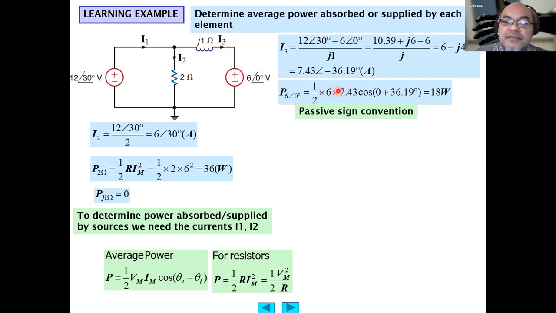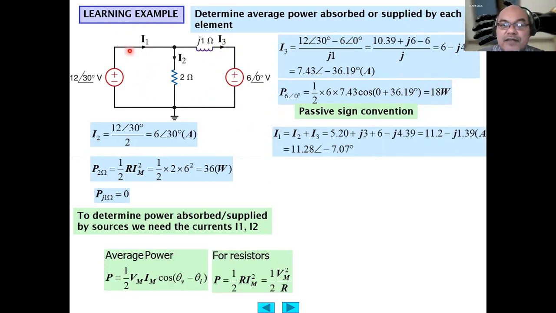So half times 6 times the maximum current 7.43 times cosine of 0 minus minus 36.90 degrees, or plus 36.90 degrees. The value equals 18 watts. Remember, this is using passive sign convention: when the current enters the positive terminal, that element absorbs power, so the absorbed power is positive.